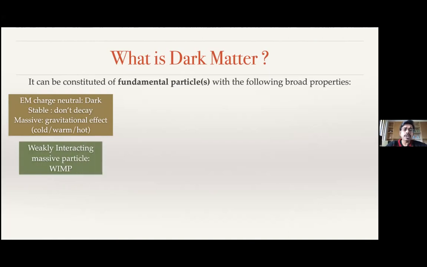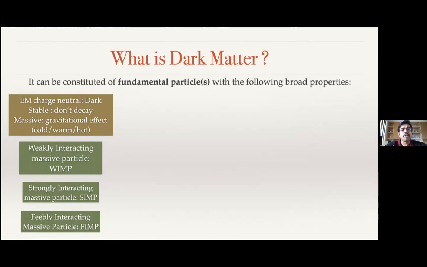And there are three main contenders for a dark matter particle, one which is called weakly interacting massive particle or WIMP. There is another category which is called strongly interacting massive particle or SIMP. And then there is also feebly interacting massive particle or FIMP. Now we will discuss one example of WIMP and one example of FIMP in today's lecture.